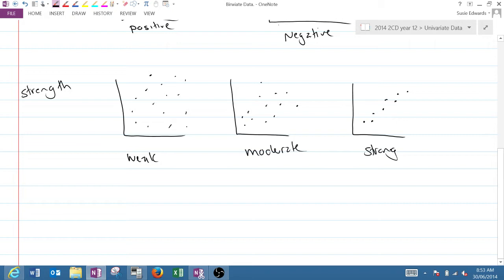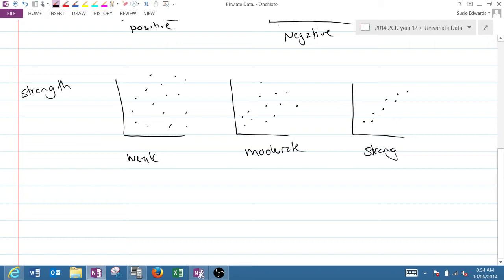So, if you get given a scatter plot like this, you want to talk about the relationship between the two variables, whether it's linear, whether it's positive or negative, and whether it's weak, moderate, or strong.